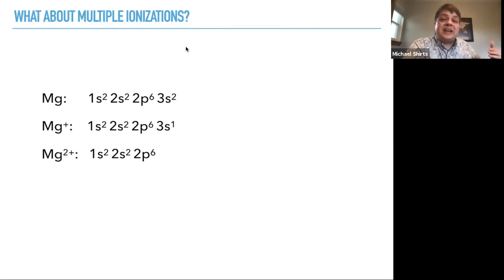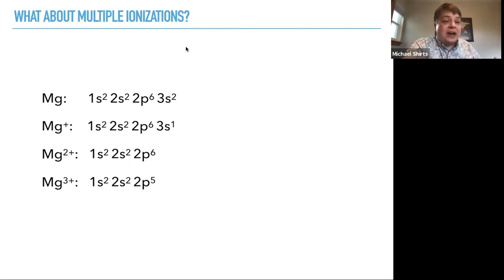Magnesium 2+, that's the second ionization energy. That's the energy involved in taking that 3s1 electron off. But then for the third ionization energy of magnesium, we're going to be taking off a 2p electron. We're no longer taking off those weakly attached 3s electrons. We're taking off the n equals 2 electrons, which are much closer to the nucleus.